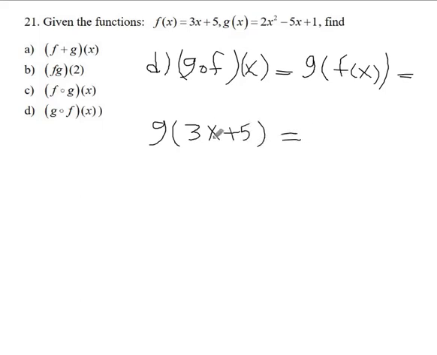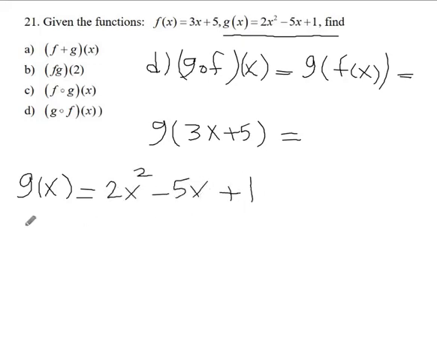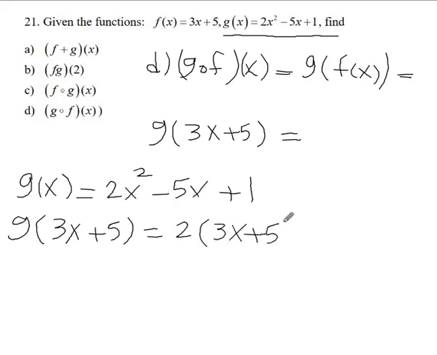So to find g of 3x plus 5, I'm going to look into my g function. G of x is equal to 2x squared minus 5x plus 1. So g of 3x plus 5 is substituting 3x plus 5 for each x, and there are 2 places that I have to substitute 3x plus 5 in there, and that would be plus 1.